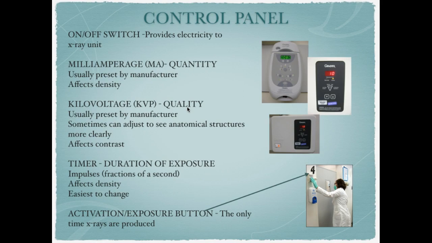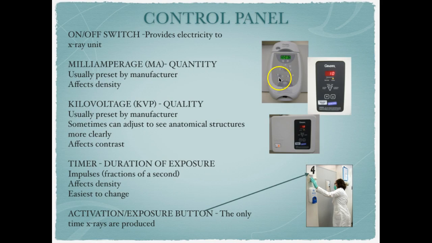Now sometimes you need to have more kilovoltage for denser objects, such as different people have different density of bone. In this particular panel, I know it's really small, but a lot of times they're represented by a little icon of a body. You might have a bigger image, a big body versus a little body.